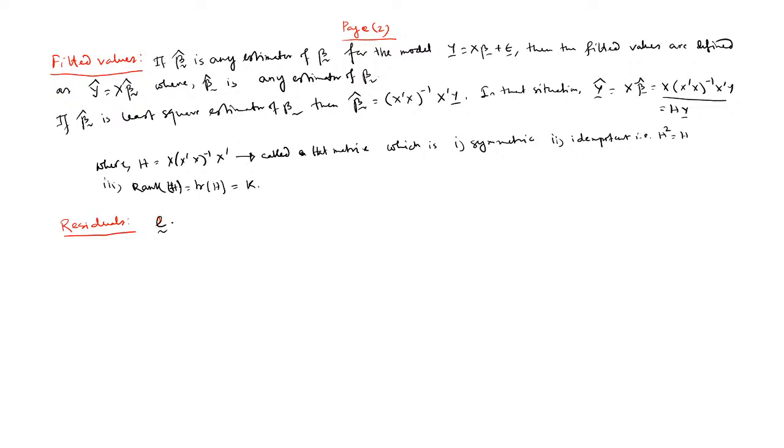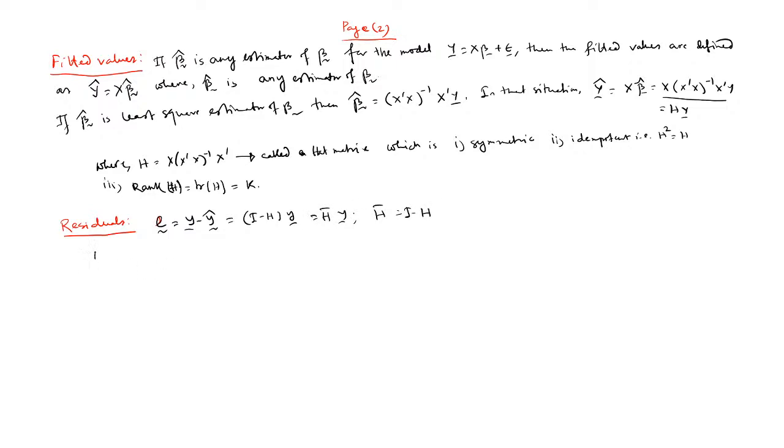Residual vector, which is equal to y minus y hat, is equal to (I minus h) y, and I denote this by h bar, where h bar is I minus h.